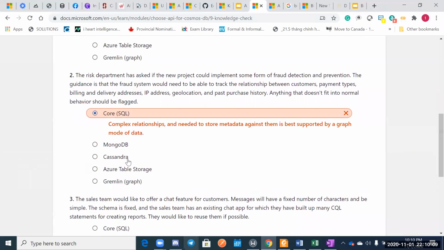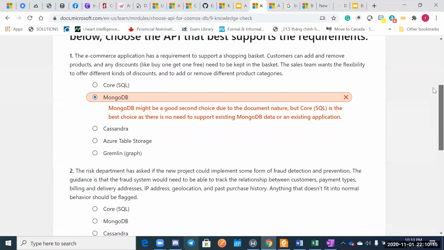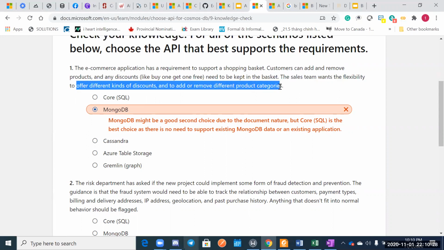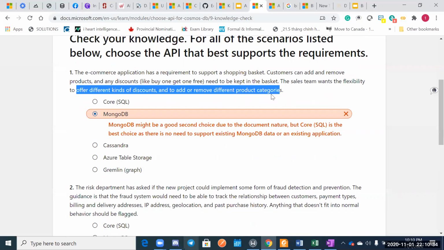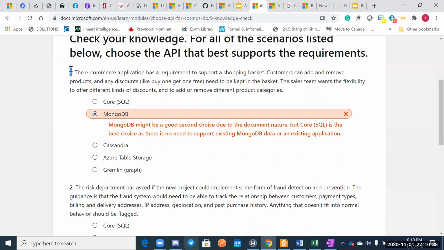For number 2, let's see if it's graph. Okay, the first one, let's see. Customer can add or remove products, any discount. The sales team wants flexible, different kinds of requirements, e-commerce that requires support for a shopping market. So in here, I don't know. MongoDB is scalable, but I don't know why not.